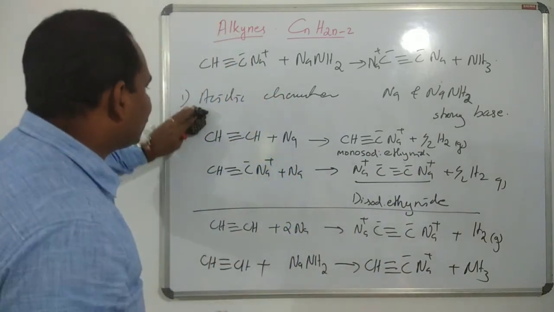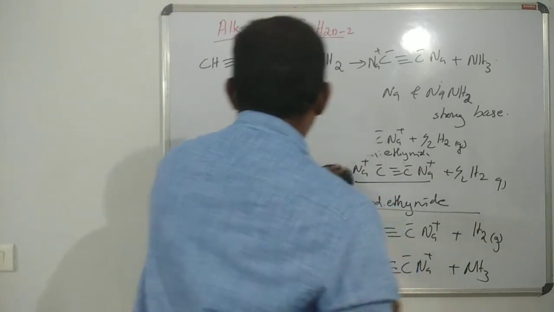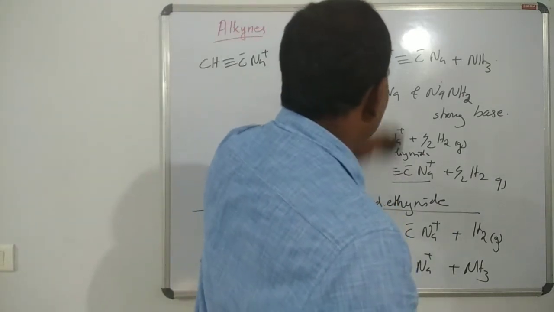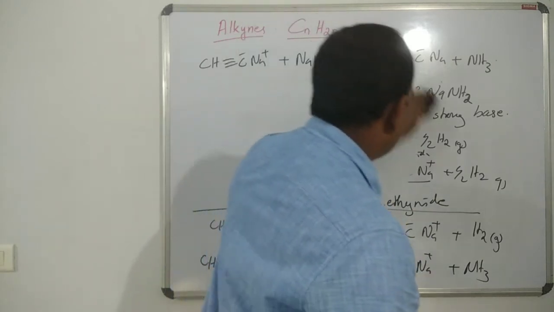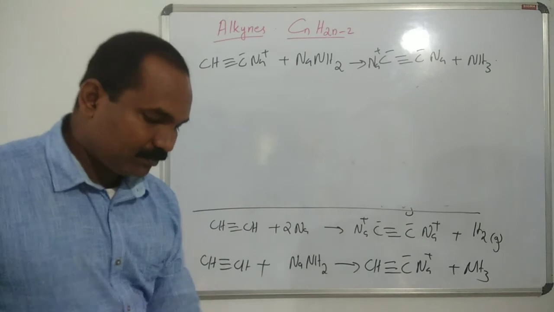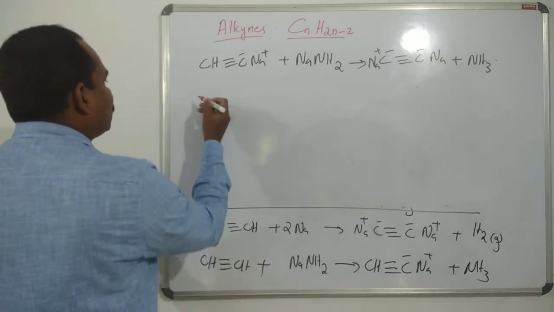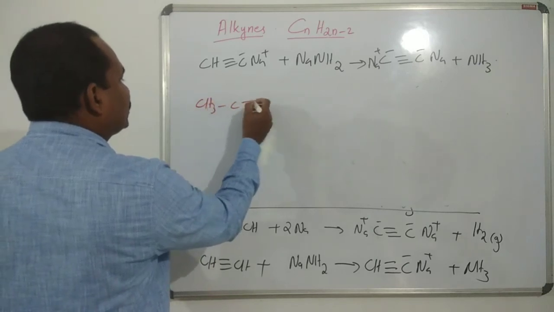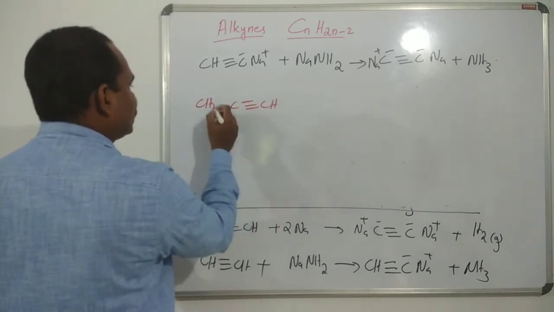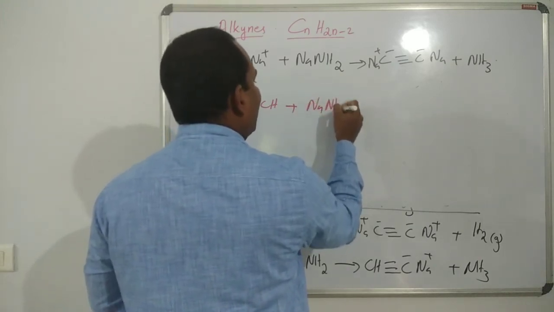What about the other alkynes? Let's take propyne. CH3 C triple bond CH plus sodium amide.